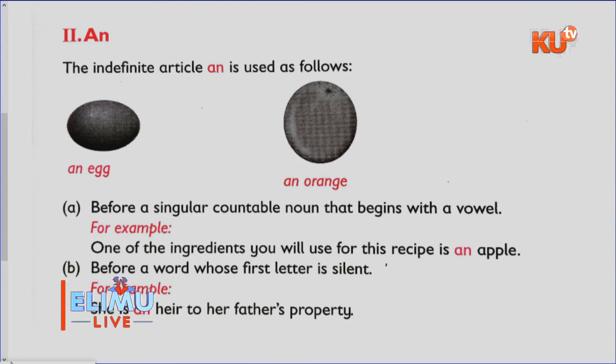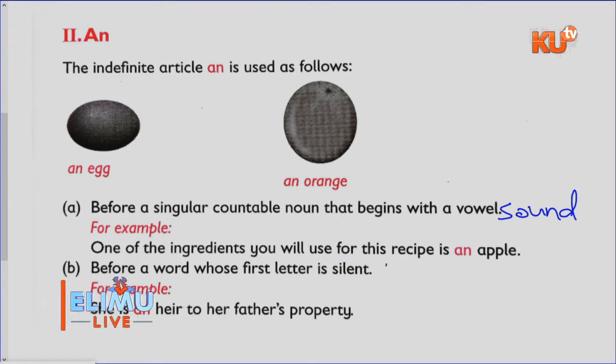First, it is used before a singular countable noun. Singular, yet countable. But the difference between a and an is that this singular countable noun begins with a vowel sound. I'll give you examples of words that begin with a vowel but do not take the article an, because the sound that begins that word is not a vowel sound.